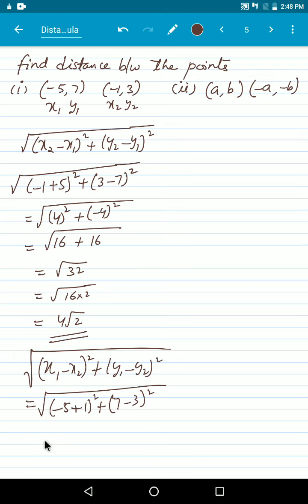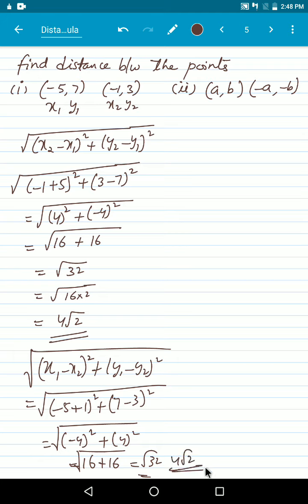So this is minus 4 whole square plus 4 whole square. Again it is 16 plus 16, root 32 or 4 root 2. Same thing, right? So it doesn't matter whether you use this formula or this formula.